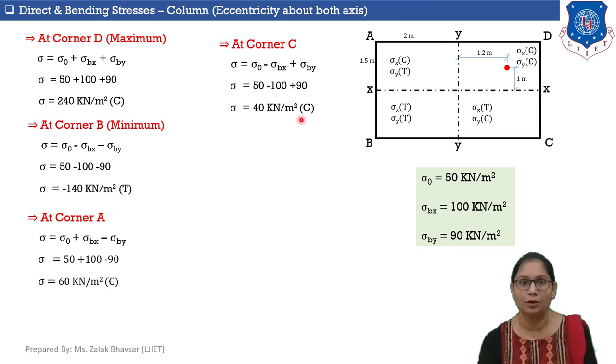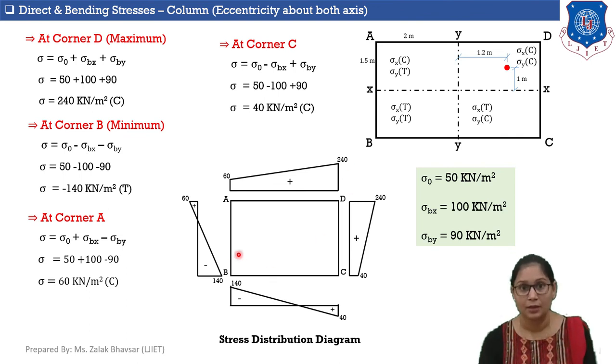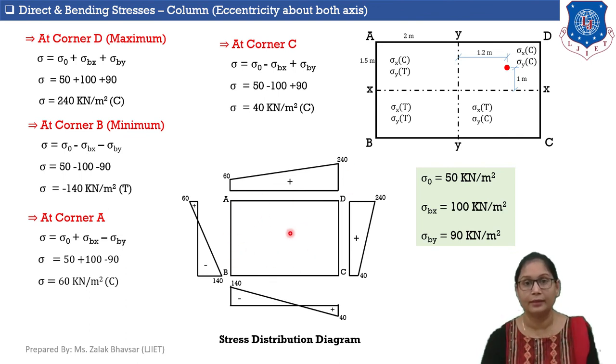Now let's draw the stress distribution diagram. Here this rectangle is the rectangular cross section which is given. A, B, C and D are the corners of the column. Let's start with face AD. At corner A, stresses generated are 60, which are positive.